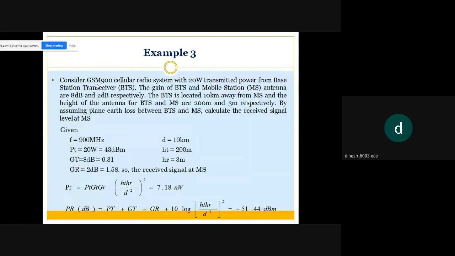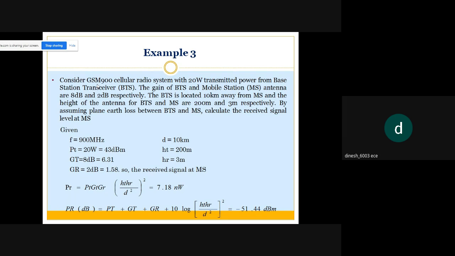Converting it, 10 log to the base 10, 8 dB, we get 6.31. Similarly, GR given is 2 dB, so converting gives 1.58. Keep all these things. Then the height of the transmitting antenna at the base station is 200 meters and the receiver, which is the mobile station, is 3 meters. So HT is 200 meters, HR is 3 meters.